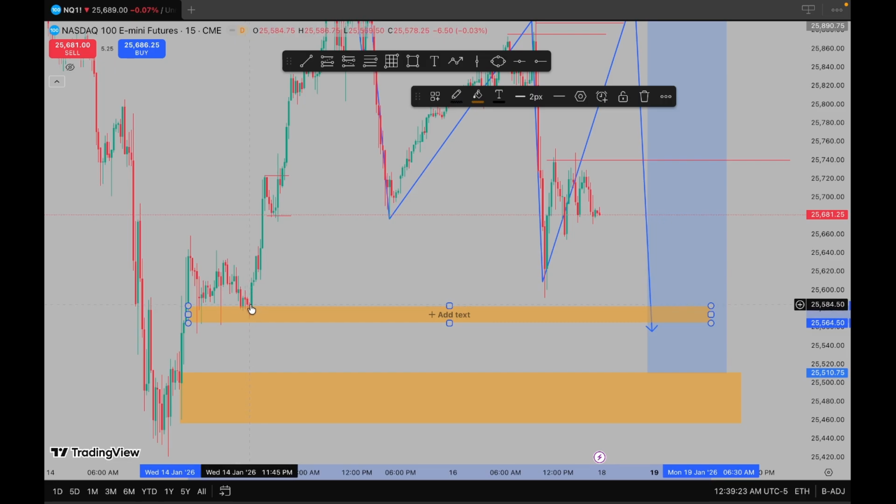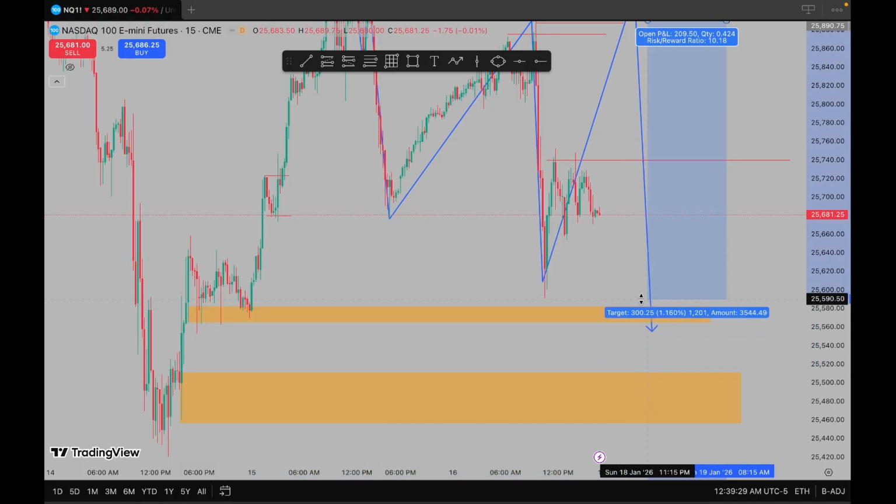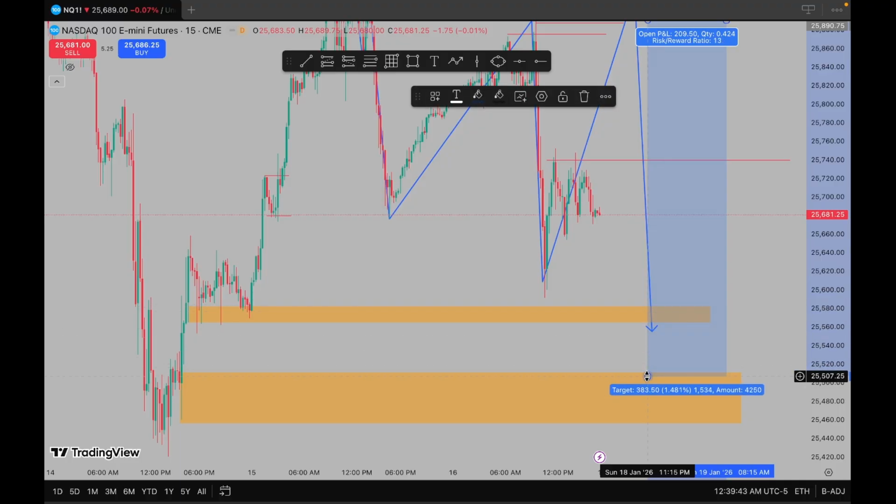No touches right here. And this is also an unfulfilled area of demand. You could do your 1 to 9, and instead of taking the full TP, you could take some off and let it keep going to get the rest if it did go here. Or it could go here.